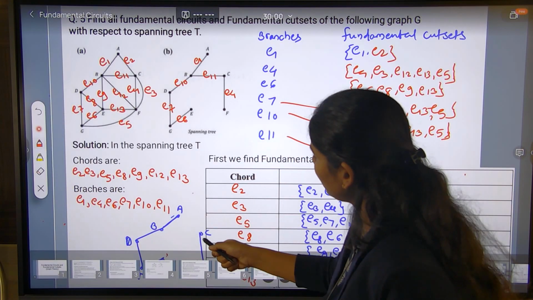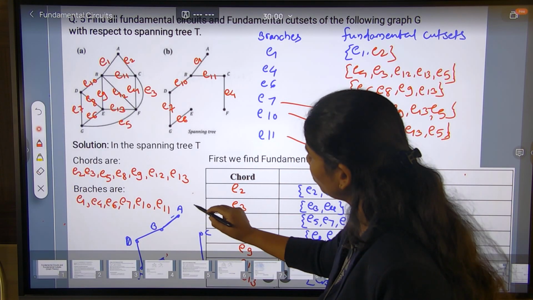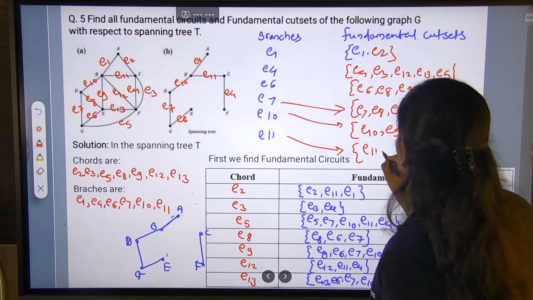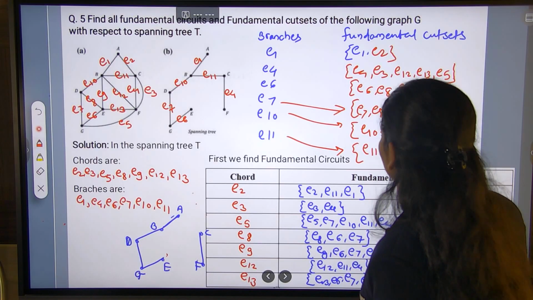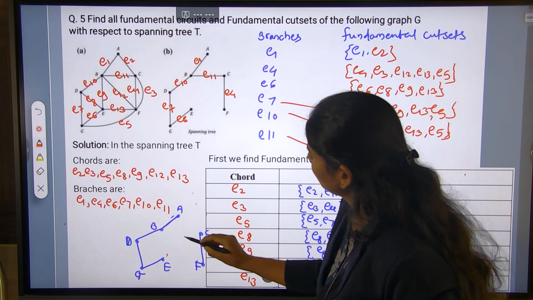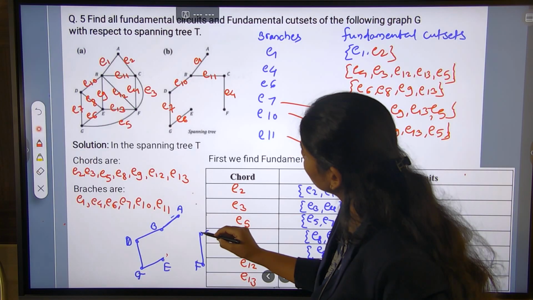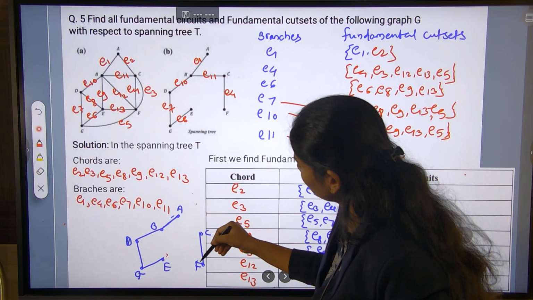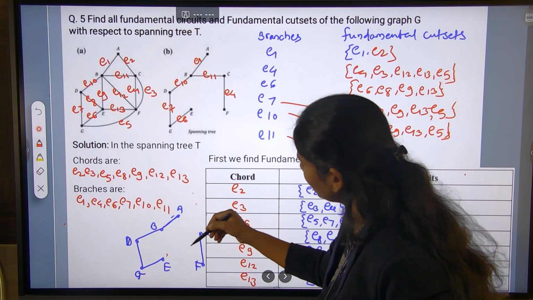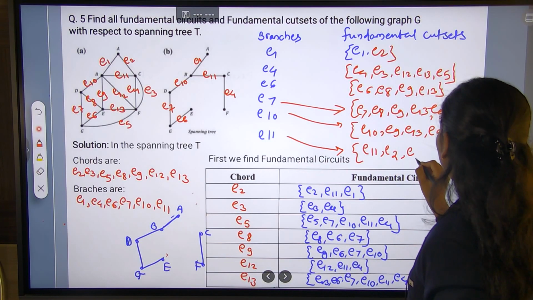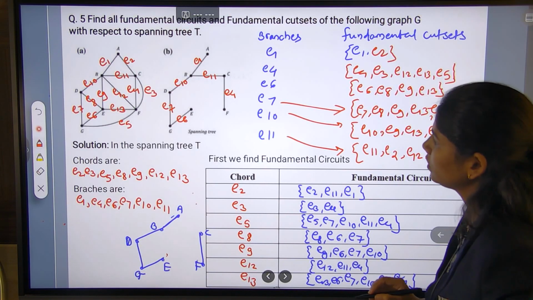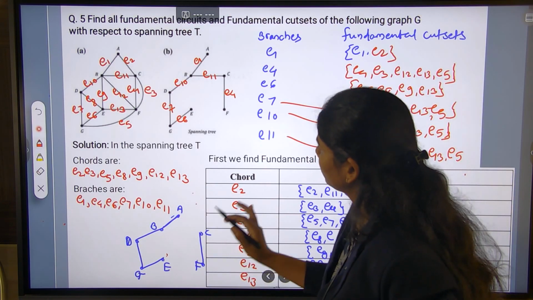E11 itself, then E2, write down E11 itself, E2. E11 is done, E2 is done, then E12, E13 and E5: E12, E13 and E5. Okay, so that's it.